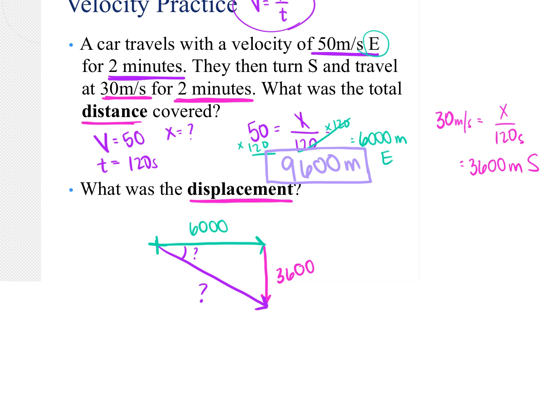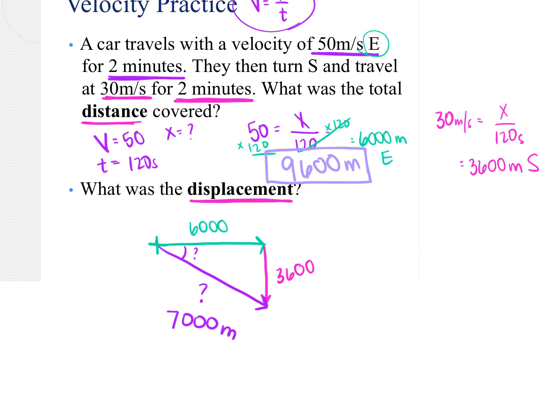Okay, so Pythagorean theorem there to find the side. And since all of the rest of my numbers are pretty nice and round and whole, what could we round that hypotenuse to? All right, we can round that to about 7,000 meters.